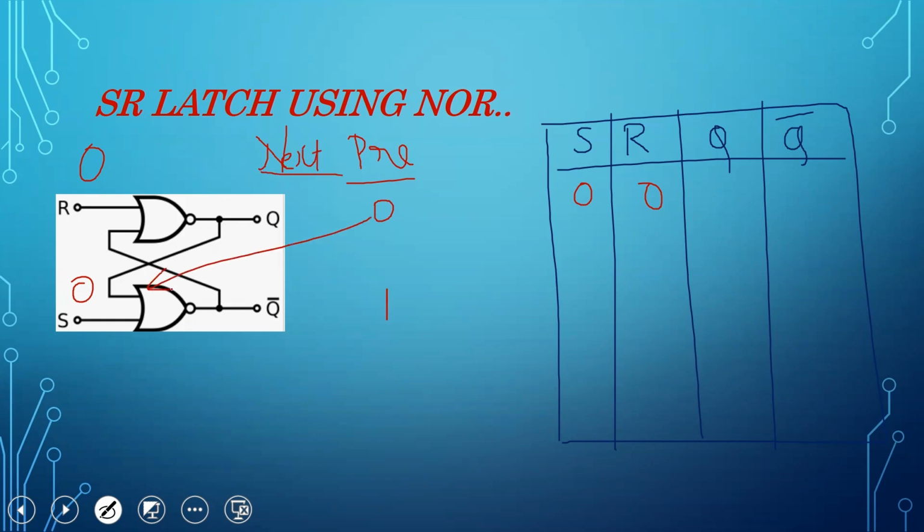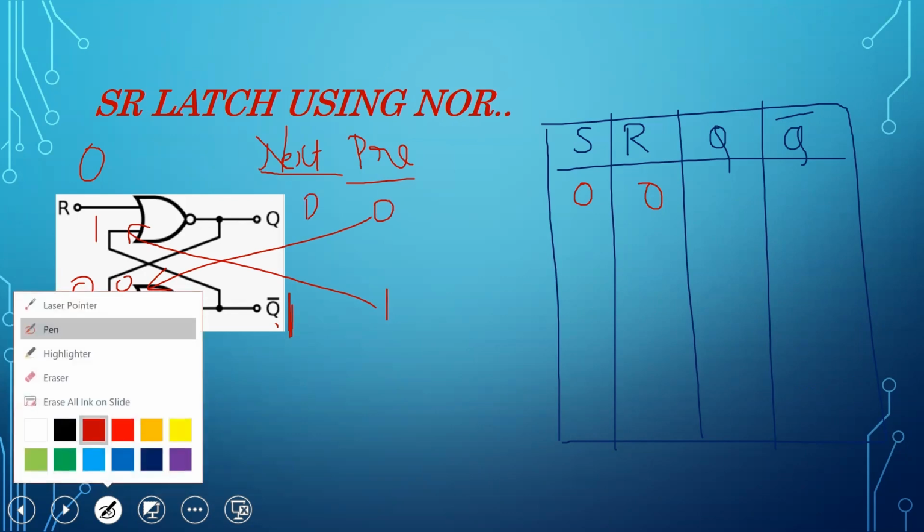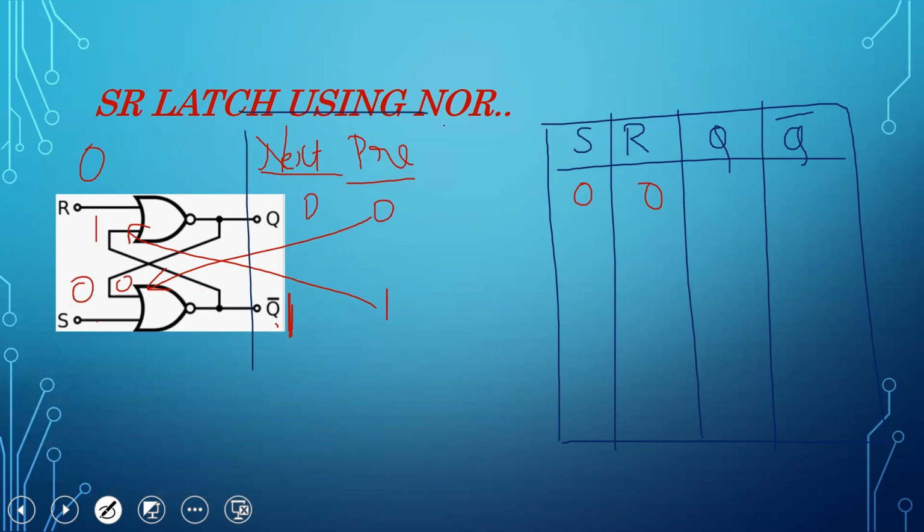When 0 comes here, 0 plus 0 is 0, 0 bar is 1. And 1 goes here, 0 plus 1 is 1, 1 bar is 0. So what you observe is that the next state is equal to the previous state.